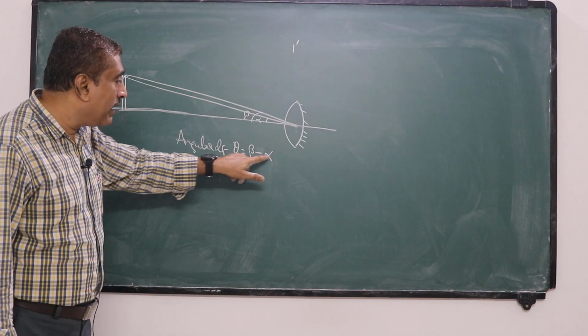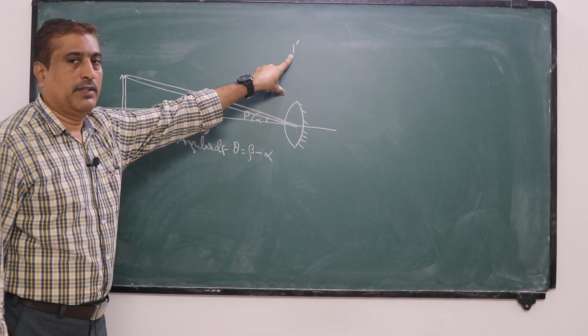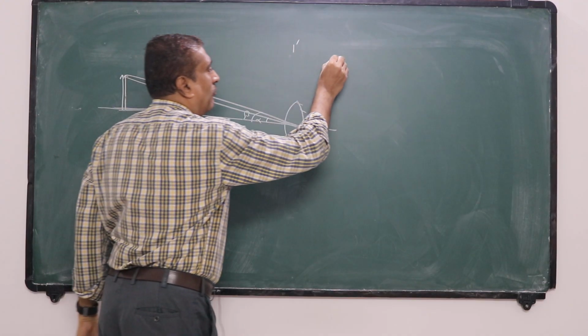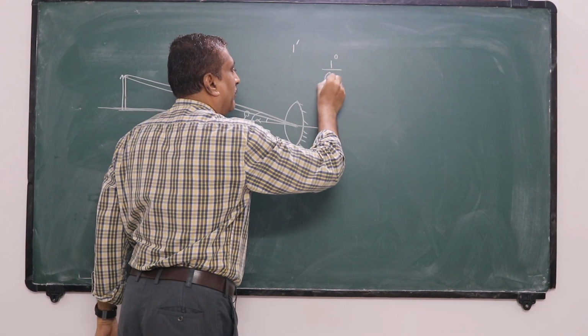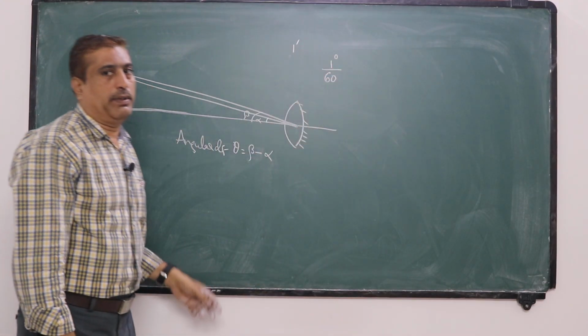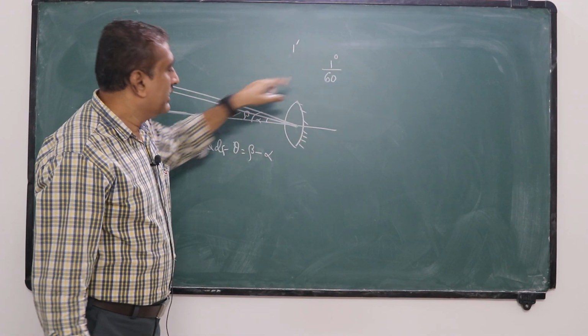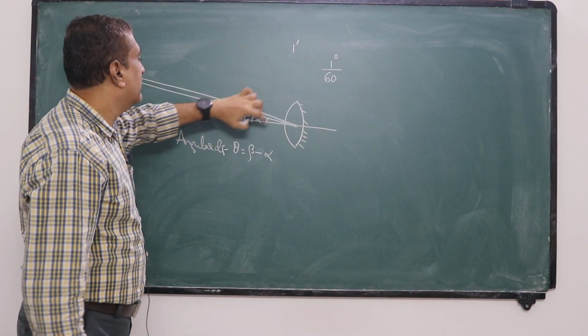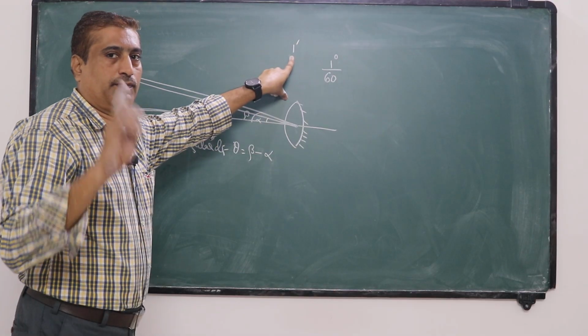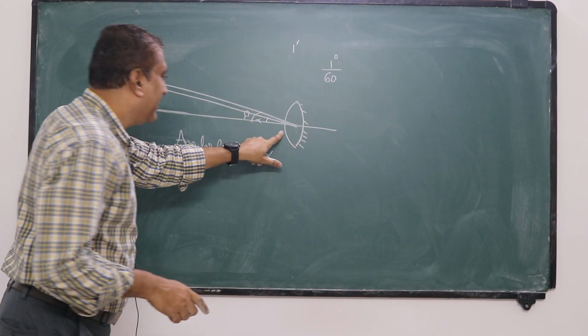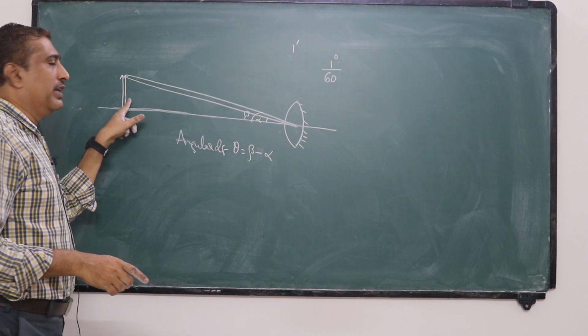If this beta minus alpha is 1 minute, 1 minute means 1 degree by 60, that means the 60th part of 1 degree, then our eye can observe them as separate bodies.